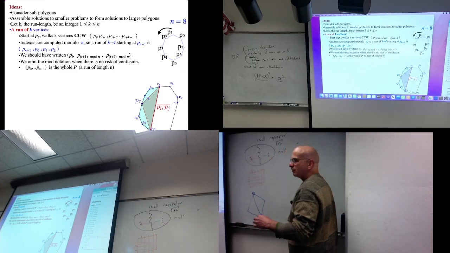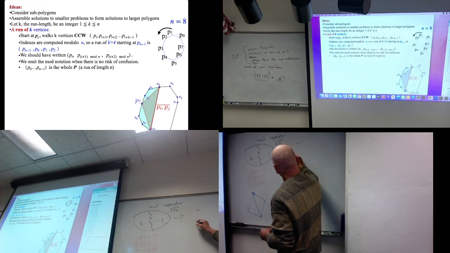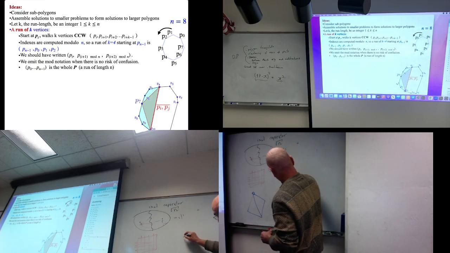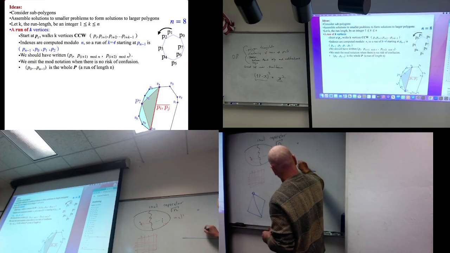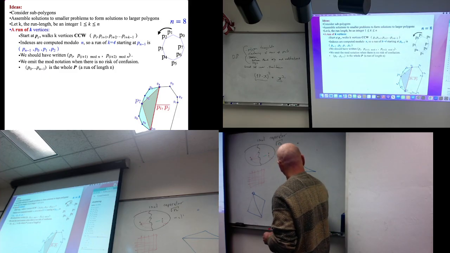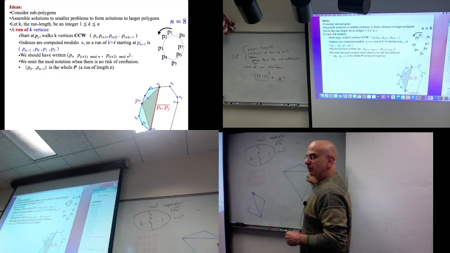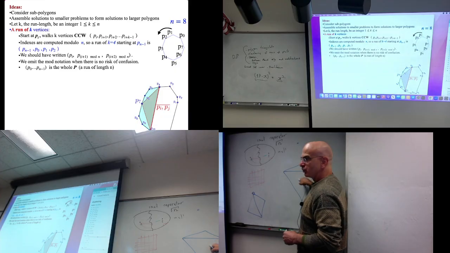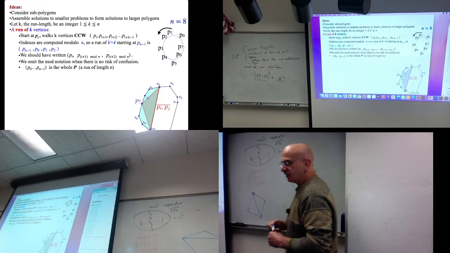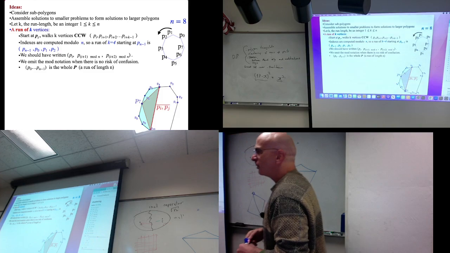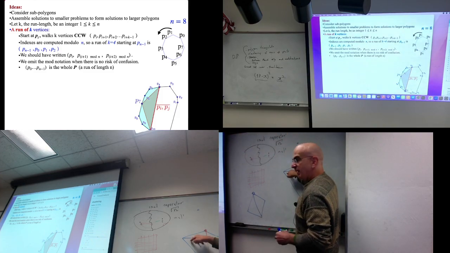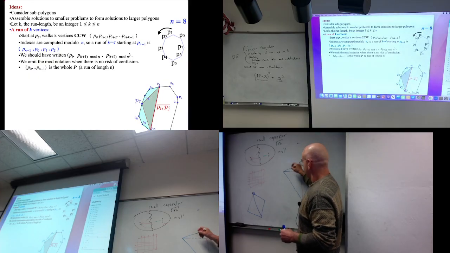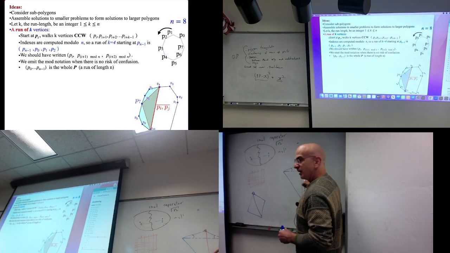I'm not making this into a computational geometry class, but it definitely makes sense. Here is my polygon that I already triangulated in this way, where I have a huge triangle and a tiny triangle, and you can argue that for a lot of applications this will be a better triangulation than this, because all the angles here are smaller than the angles here.